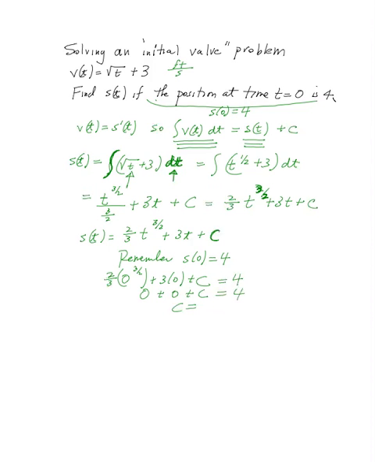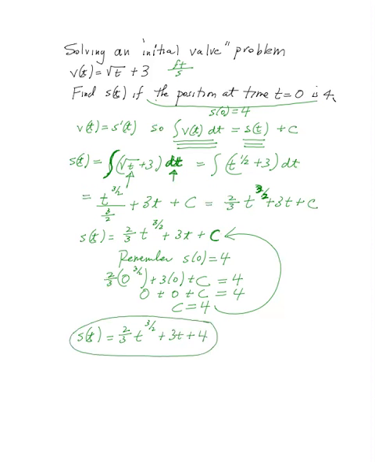So that tells me c is 4. So I go back and let the c be 4. This is my solution to this initial value problem, or baby differential equation.